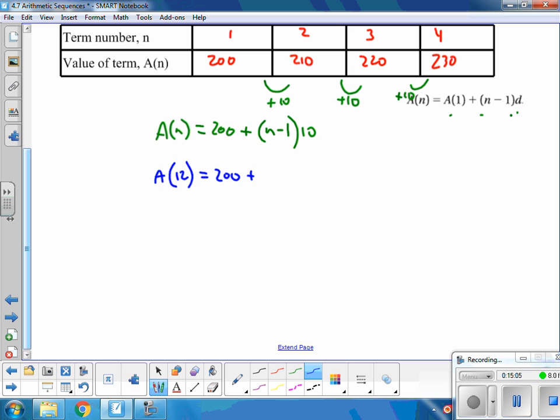I've got my original 200 plus my 12th bid minus 1, and that's going to be times 10. And if I get all this worked out, I find out that my 12th bid is actually $310 when I simplify this whole thing.